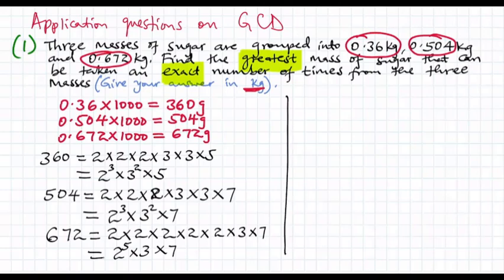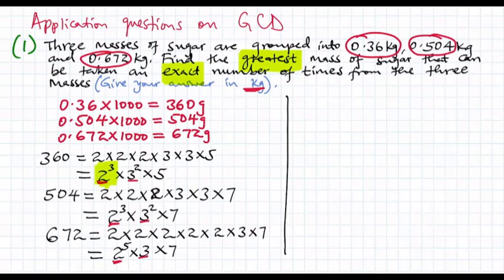And since you are finding the GCD, then we look for the common factor which has the smallest power. In this case, 2 is common. But which one has the smallest power? It is 2 raised to 3. Then the other one is 3, common in all the 3 numbers. Yes, 3 is common.